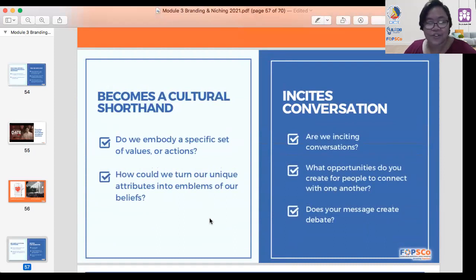The questions that you have to answer: do we embody a specific set of values or actions? Do we represent anything? How could we turn our unique attributes into emblems of our beliefs?